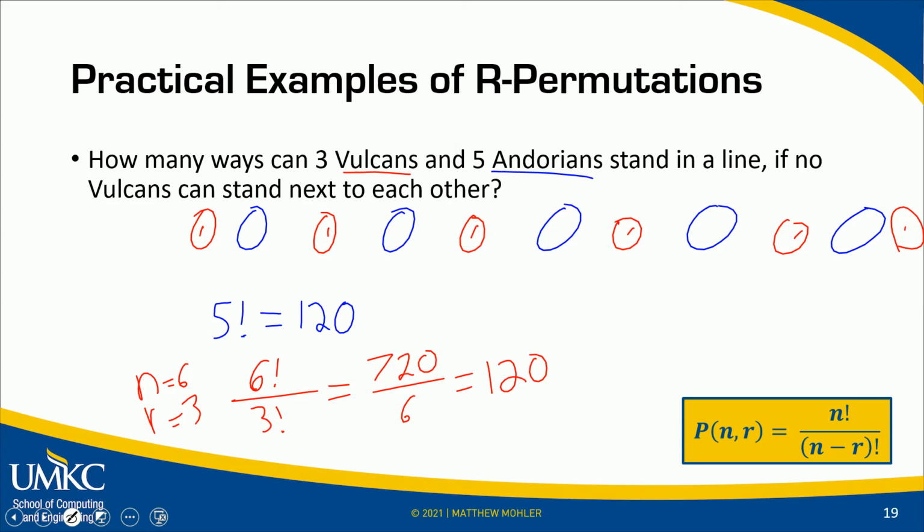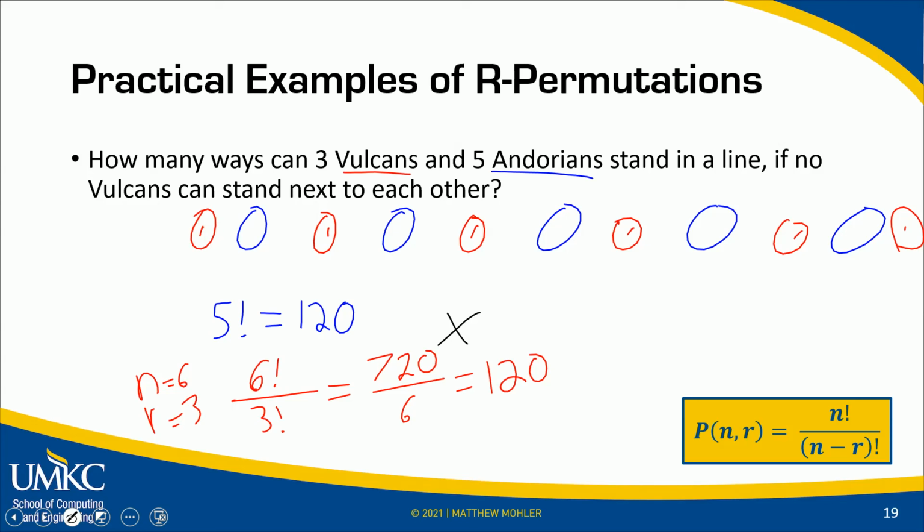Because these were 2 successive stages, right? We placed all of the Andorians and then we placed all of the Vulcans. We go back to our basic counting principle saying that we just multiply these 2 numbers together, the 120 and the 120 from each of our phases.